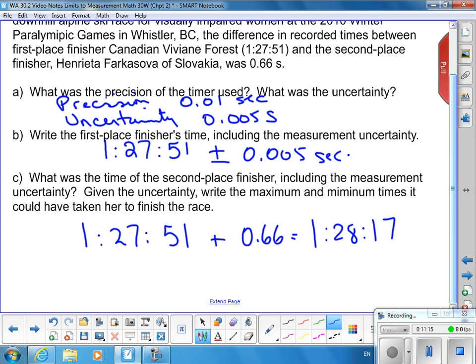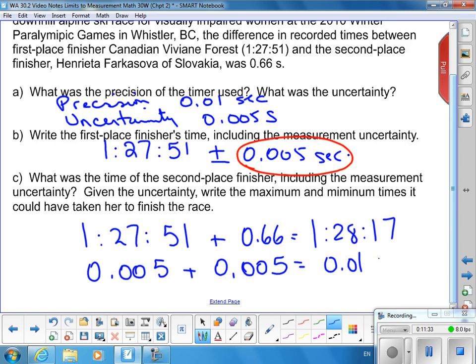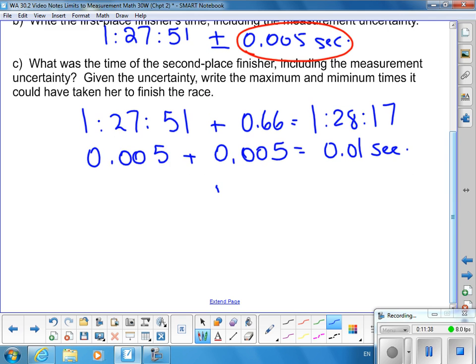But we also have to add two uncertainties together because there's the uncertainty for the first place racer and the uncertainty in the measure of the second place racer. So we would have to take two uncertainties and add them together. That means that her time would be written as 1 minute, 28 seconds, and 17 100ths of a second, plus or minus 0.01 second.